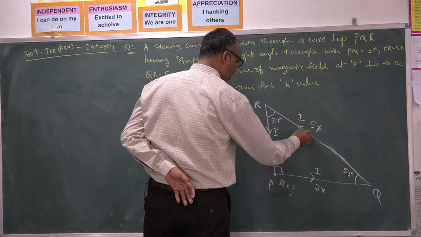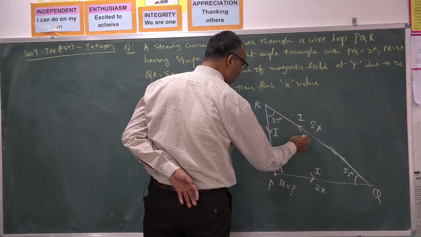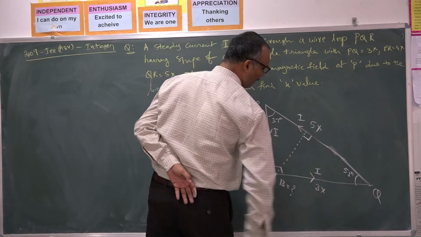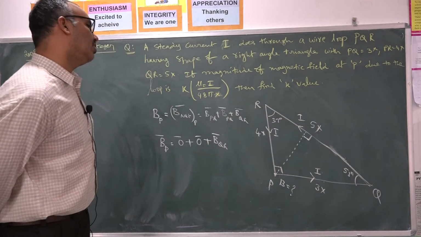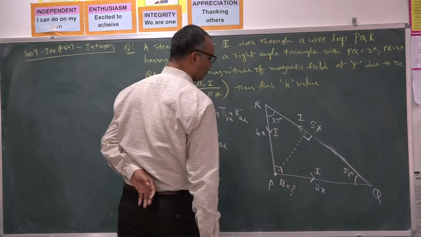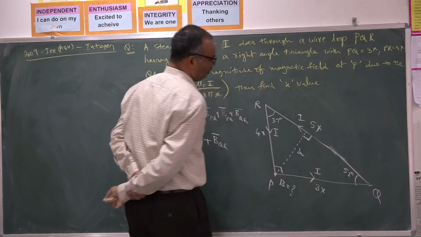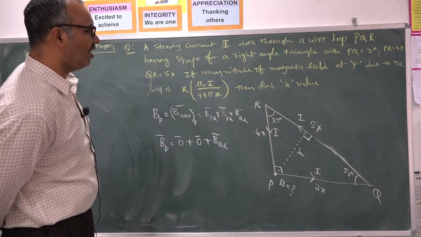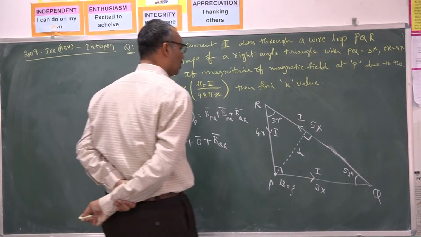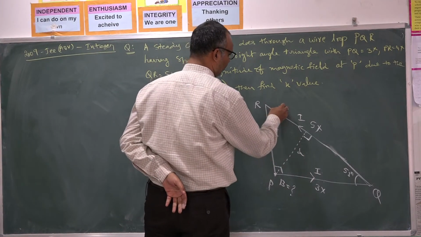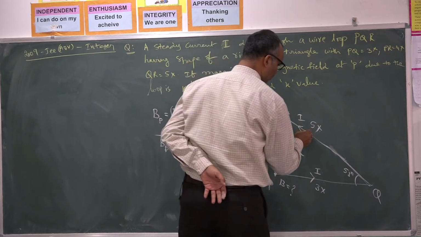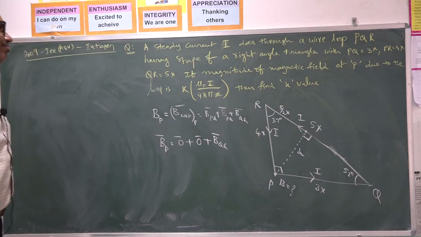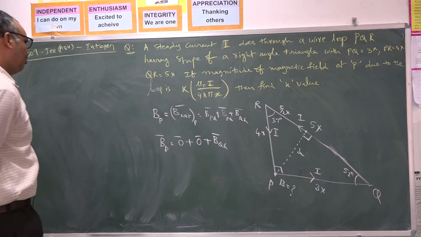And this point is located at a distance. If you draw a perpendicular here, this is the perpendicular distance. It's a straight wire carrying current. What is this distance? If you want to find the distance, what is the procedure? You can take sine theta, sine 37.